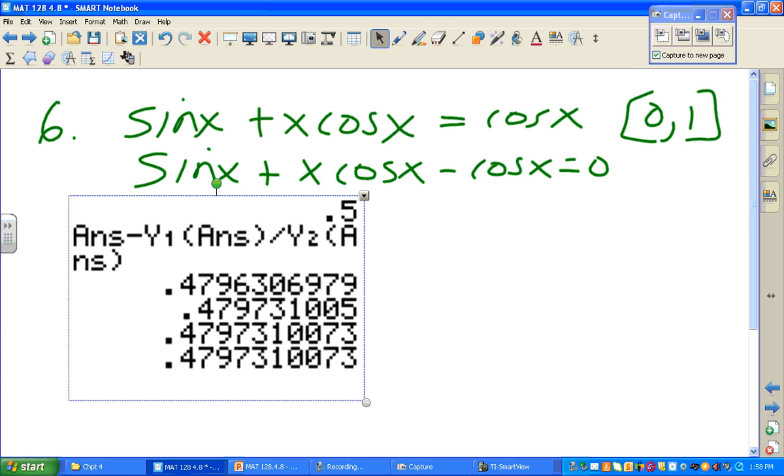All right, sine of x. Now, your equal sign wasn't highlighted, so I highlighted it. And it did go to 0. Oh, because you got y1, no, y2. I don't know. Interesting.